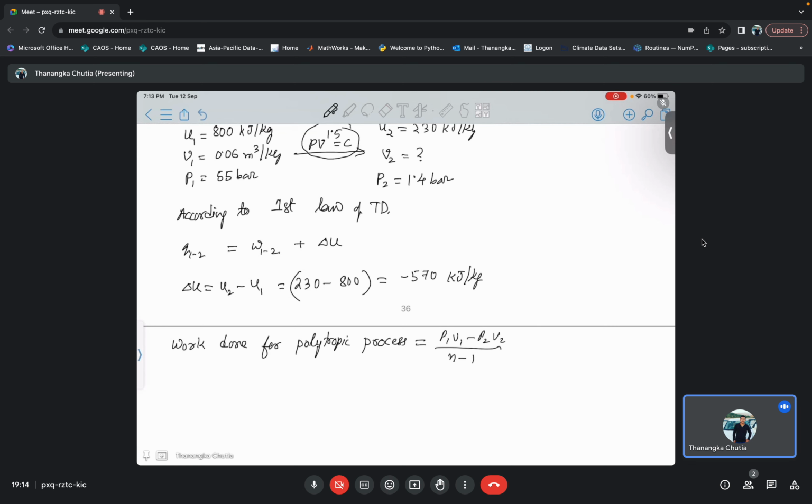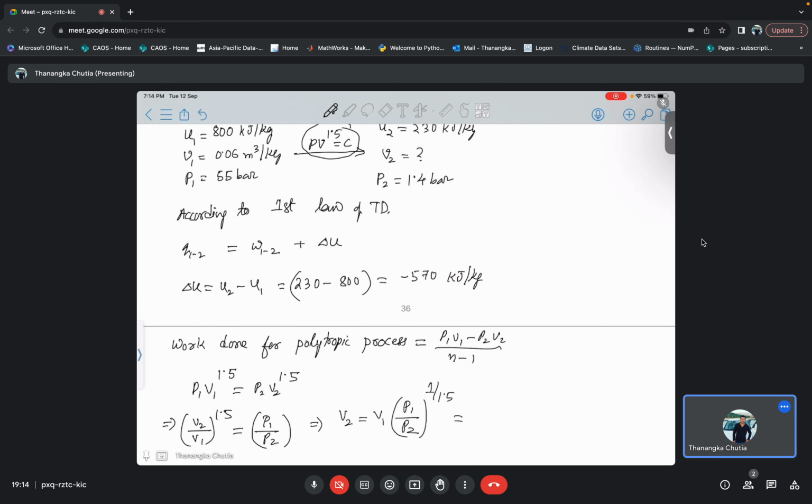P1 V1 to the power 1.5 will be equal to P2 V2 to the power 1.5. So V2 by V1 to the power 1.5 is equal to P1 divided by P2. So this implies V2 is equal to V1 into P1 by P2 to the power 1 divided by 1.5.